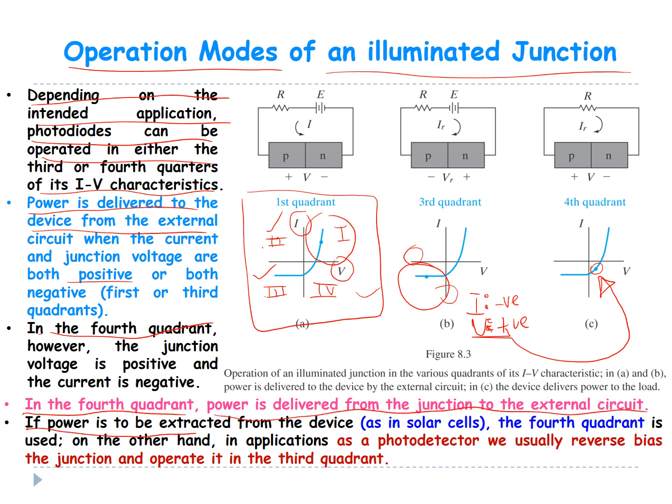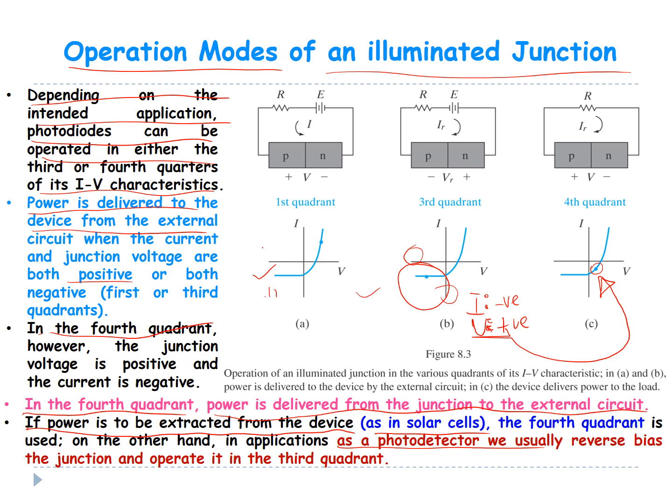If the power is to be extracted from the device, as in solar cells, the fourth quadrant is used. On the other hand, in applications as a photodetector, we usually reverse bias the junction and operate it in the third quadrant. So just to summarize, let me start by erasing what I've written here for clarity.